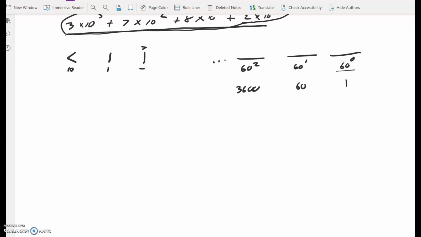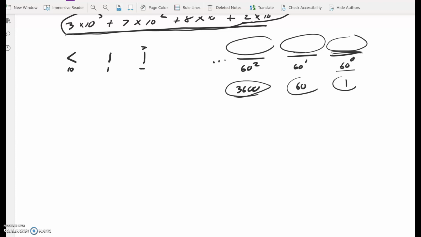So it's first grouping with numbers on the right-hand side. Each one of these up here is worth 60 to the 0 power, which is 1. This is the ones place. And each one of these is worth 60 to the first power, or 60. It's the 60s place. And each one of these is worth 60 times 60, or 3,600.